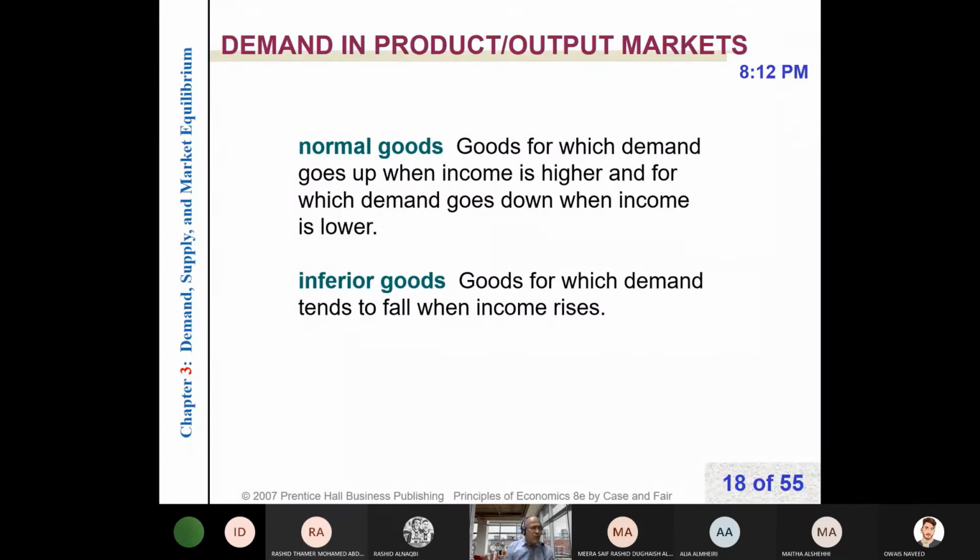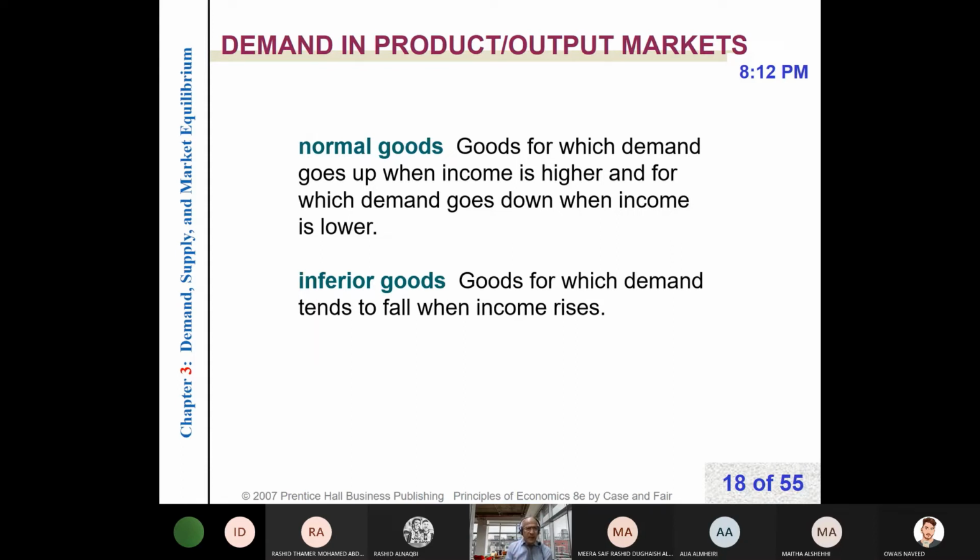If my salary increases, I may buy more because I have more money. So as income increases, demand will increase for perfume. If income decreases, I will purchase less perfume. So there is a positive relationship between income and demand for a single product.